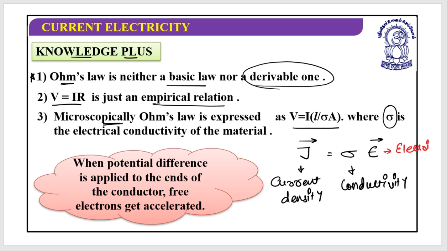This is accepted as Ohm's law in its macroscopic nature, or microscopically it can be proved, and this is one of the formats of Ohm's law. So please do remember this. In school or board examinations, they try to ask you to prove J equals sigma E according to Ohm's law and so on.